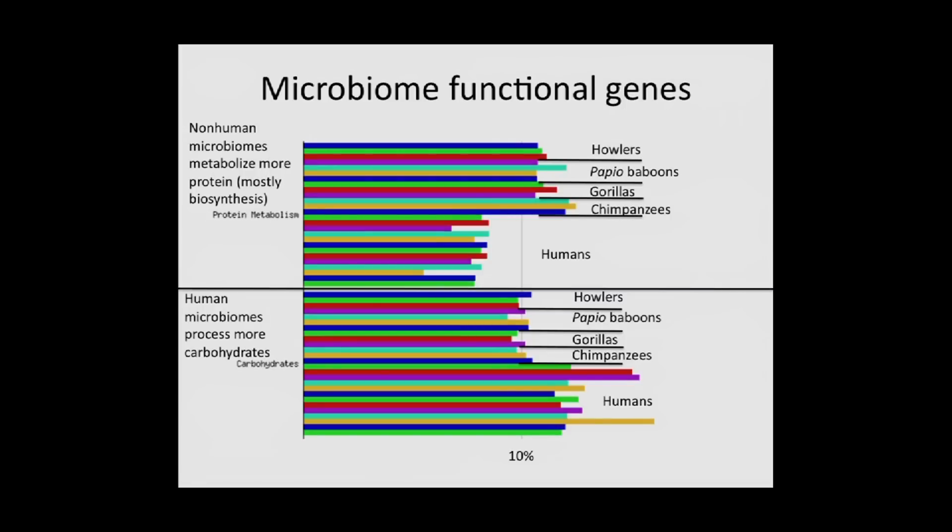So what we're saying is that over 10% of the genes in the microbes from non-human primates are devoted towards manufacturing protein. As you can see in humans down here, it looks like less than 10% of the total genome from the microbes is involved in protein biosynthesis. So we think there's a difference between non-human and human primates in terms of actually making proteins.